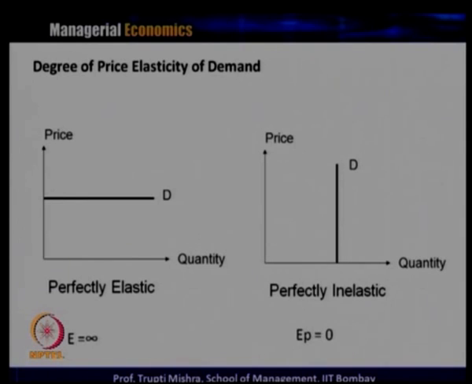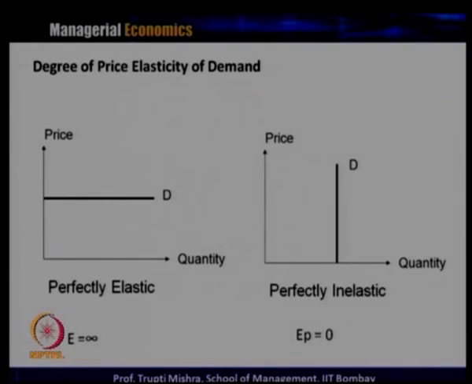In the first case, it is the case of perfectly elastic, and in this case the value of elasticity of demand is equal to infinite, because even if there is a very small change in the price, the change in the quantity demanded goes on infinitely. So in the first graph, price is on the y axis, quantity is on the x axis, and the demand curve is horizontal, parallel to the x axis.